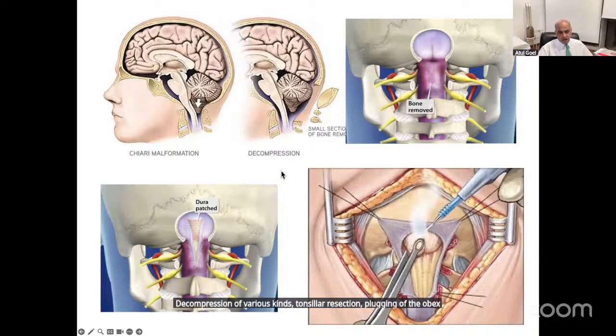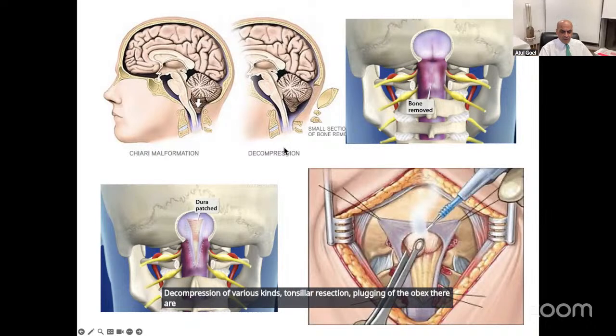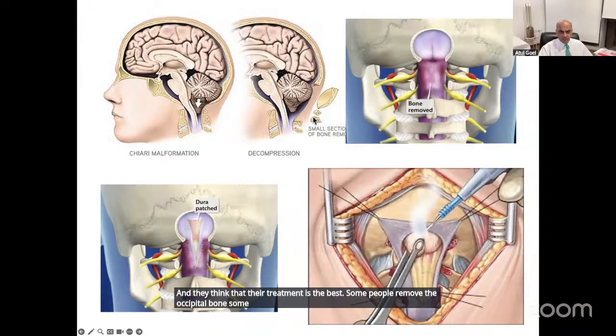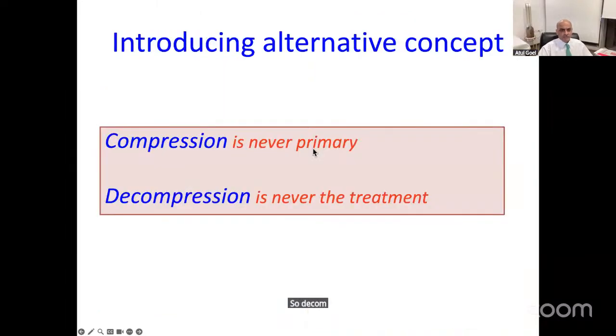There are n number of treatments. And in one of my articles, I said the number of treatments is equal to the number of surgeons treating. Everybody has a little bit of difference here and there, and they think that their treatment is the best. Some people remove the occipital bone, some people remove C1, some people remove C2. So decompression is the norm, is the treatment.